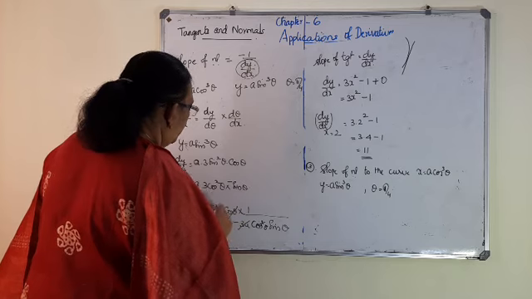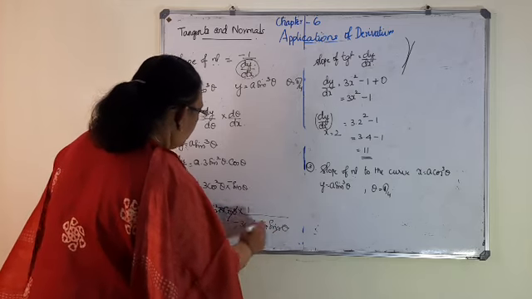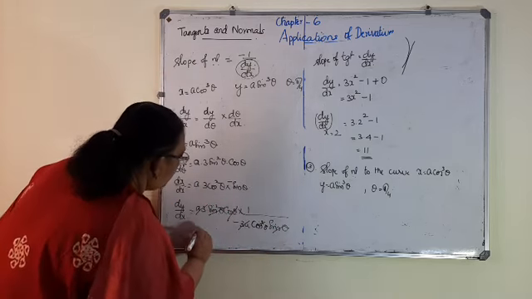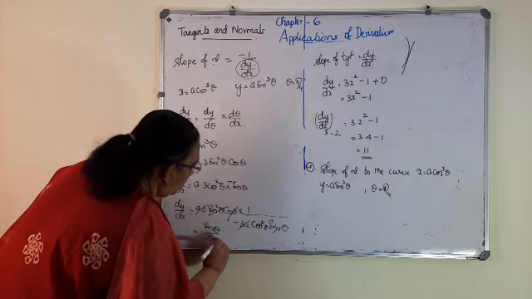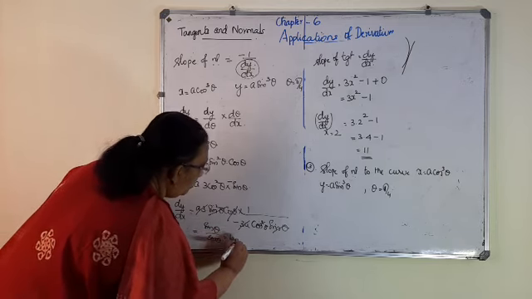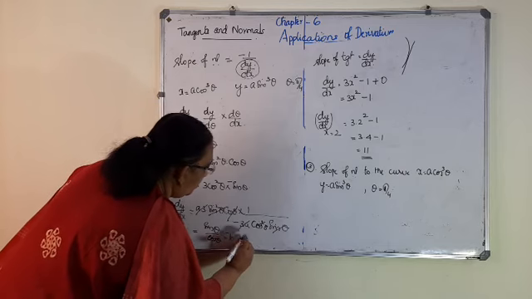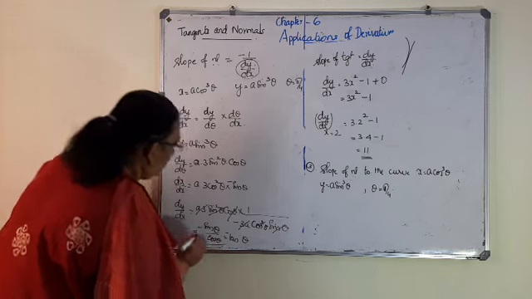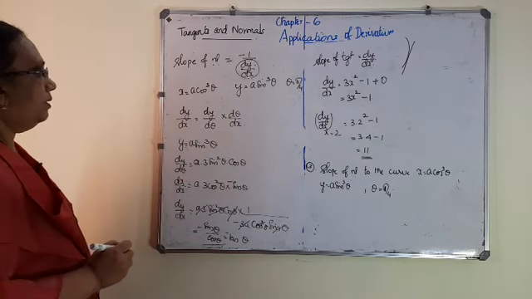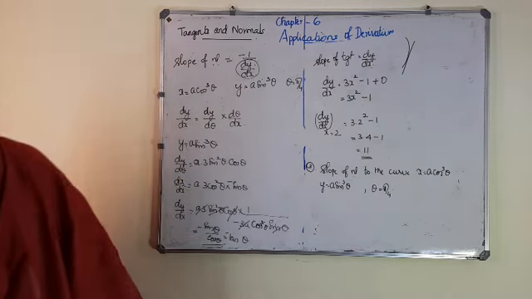Cos theta sin squared theta cancel. So that will be equal to sin theta by cos theta, which is minus tan theta. Dy by dx is equal to minus tan theta.